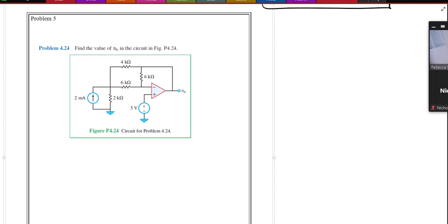So the first thing I'm going to do, because I don't like current sources, is a source transformation to change this to a voltage source.